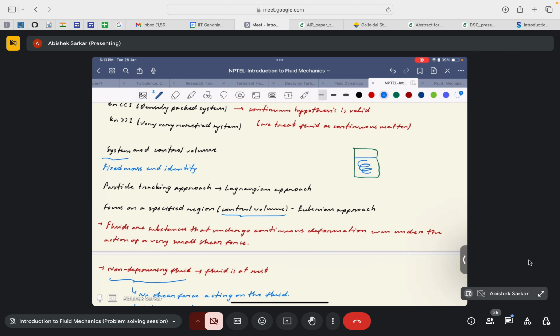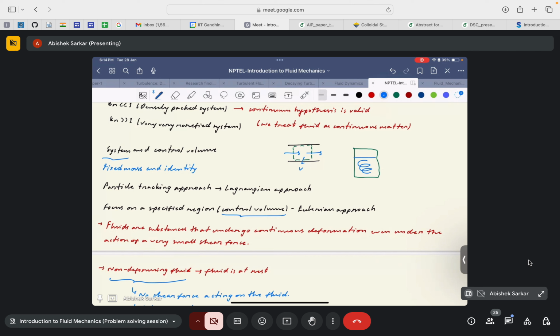Now if you consider a scenario where we are dealing with a flow through a pipe, I will draw a particular cross section of the pipe through which the flow occurs. If we consider this particular volume, say V, when the flow occurs through it, even if the focused area remains constant, the fluid flowing through this area changes continuously.